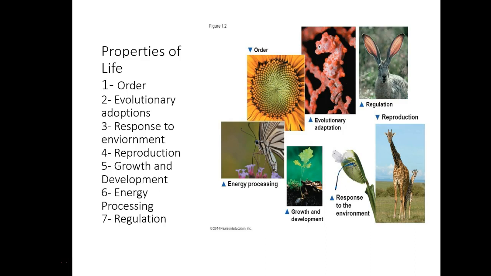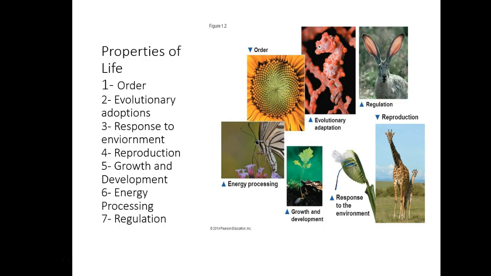Then you have growth and development. Everything starts out as a single cell and grows from that into whatever particular organism it has genetically been coded to become. And everything needs to have some form of energy in order to live.